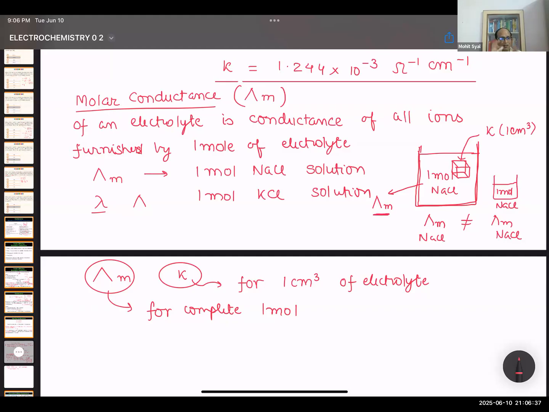Lambda m is for complete 1 mole. So if I want to calculate the lambda m for complete 1 mole, I need to, 1 to many, multiply.